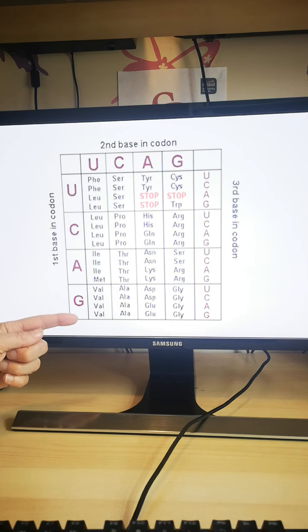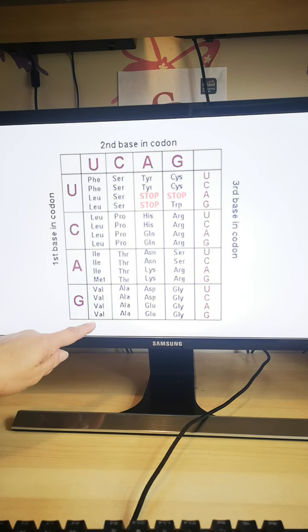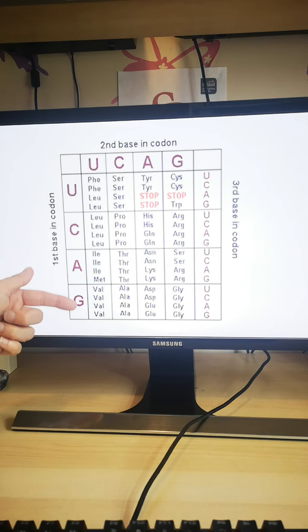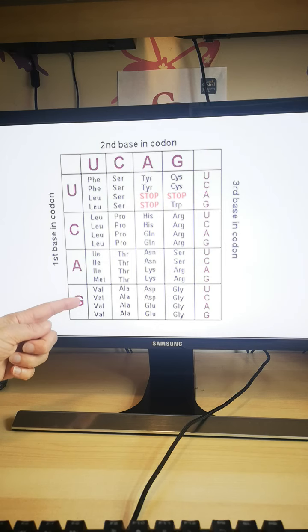GUU, GUC, GUA and GUG all would result in a tRNA with the anticodon complementary to the appropriate codon, but all of them would bring the same amino acid.